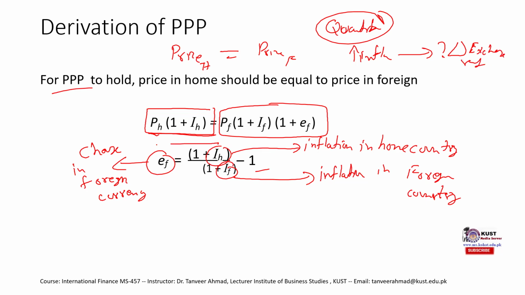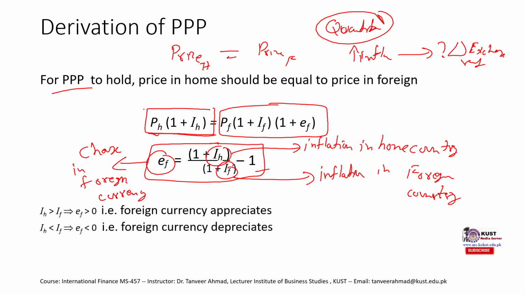Using this equation we have quantified it. So if inflation in home country is greater than inflation in foreign country, then foreign currency will appreciate and home currency will depreciate.